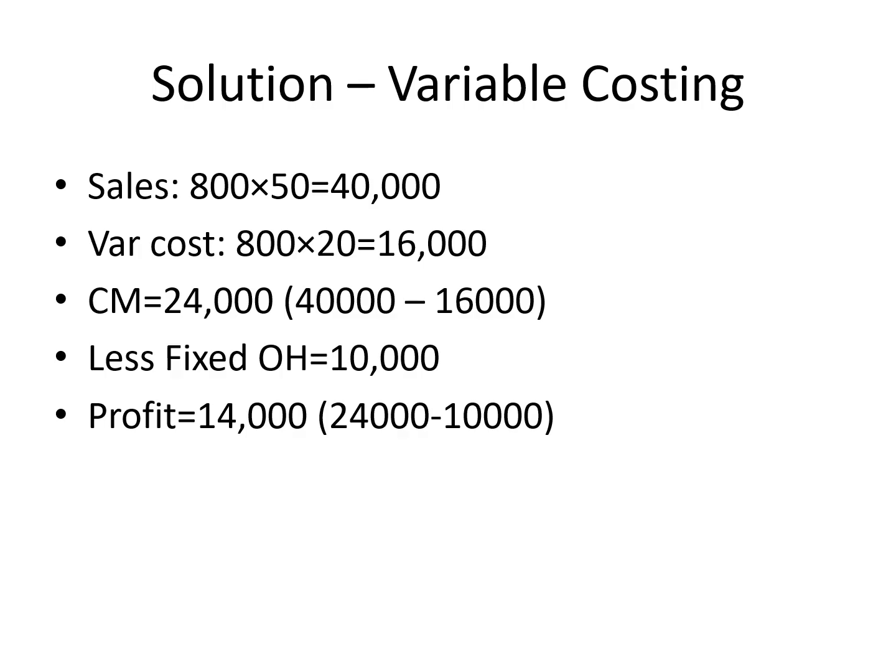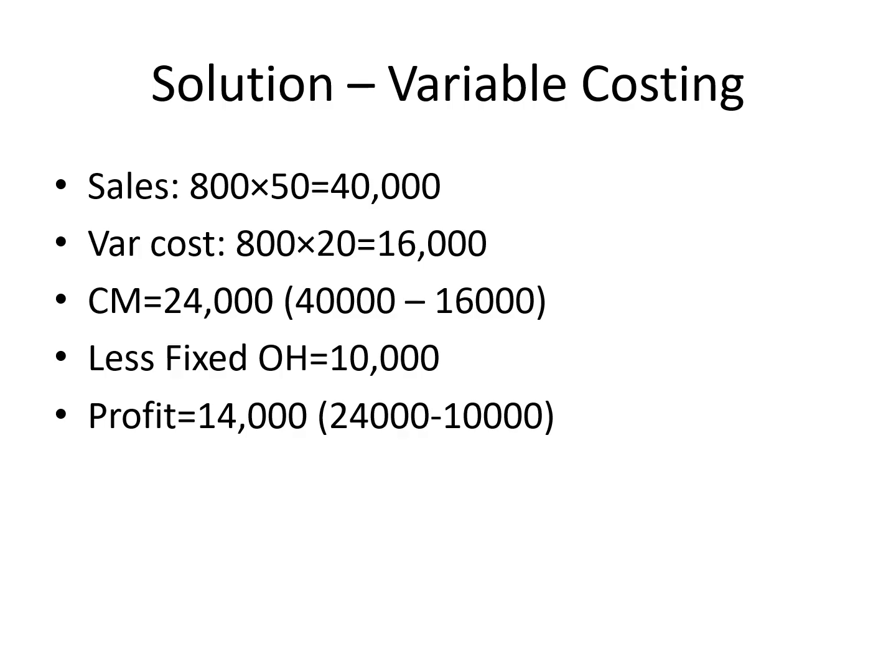Sales is 800 units times $50 per unit, which is 40,000. Variable cost is 800 units times $20 variable cost per unit, which is 16,000. So 40,000 minus 16,000 is 24,000. Less, we're subtracting the fixed overhead in a dollar value of 10,000. 24,000 minus 10,000 is 14,000.